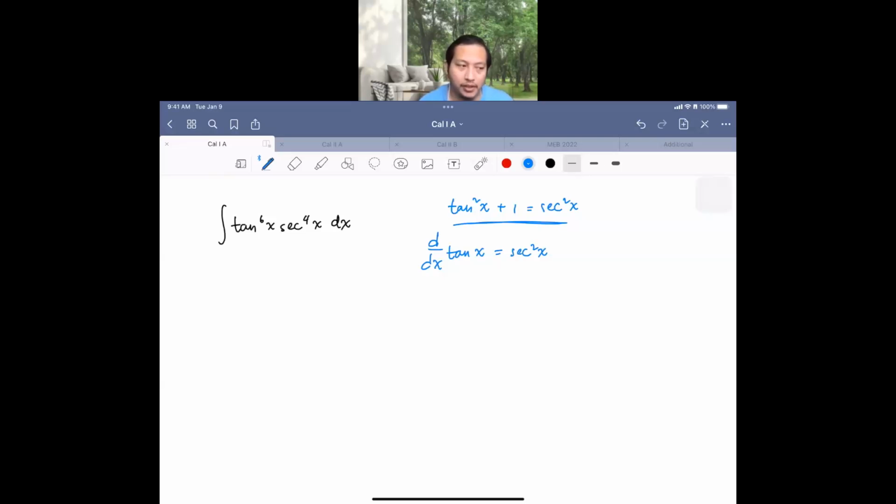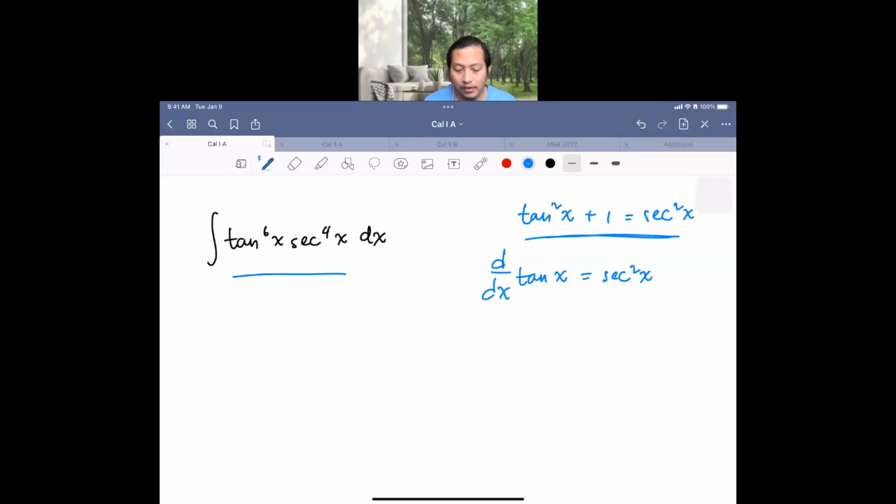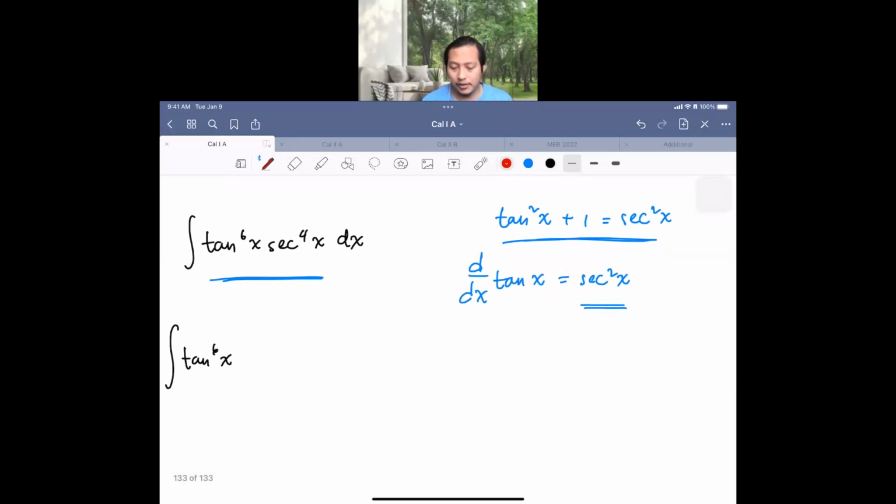So perhaps our goal is to make the tangent x in our solution here to become the secant squared x. So if you write the equations, and if we try to make these connections with tangent squared plus 1 here, then we need to have the secant squared, and we get the secant squared from secant 4.